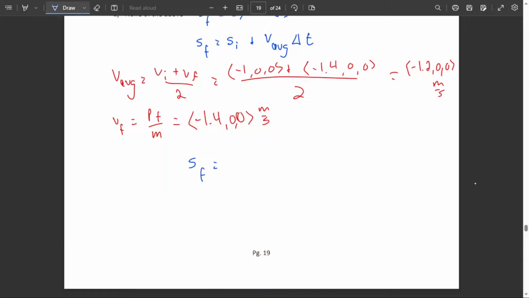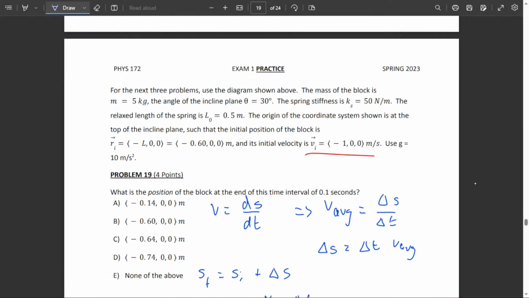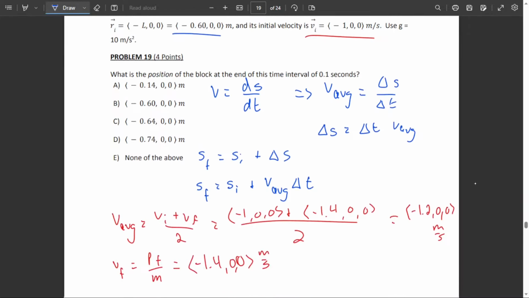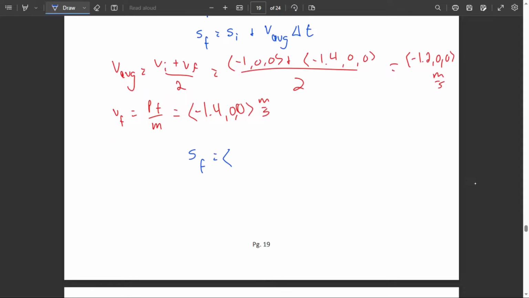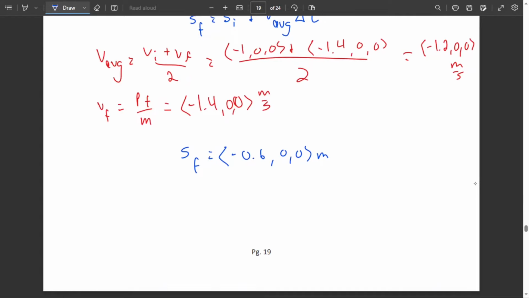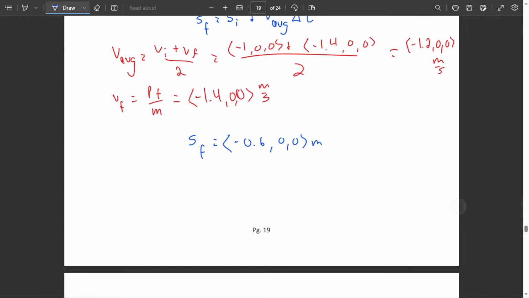So then, just plug this all back in. Final position is going to be equal to the initial position, minus 0.6, plus our change in position, which is going to be minus 1.4 times 0.1, which is just minus 0.14.